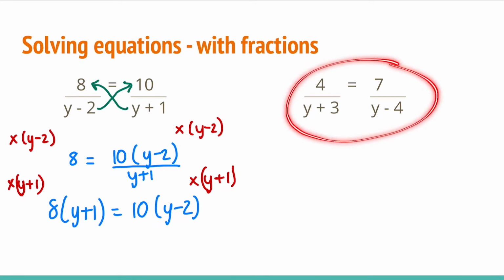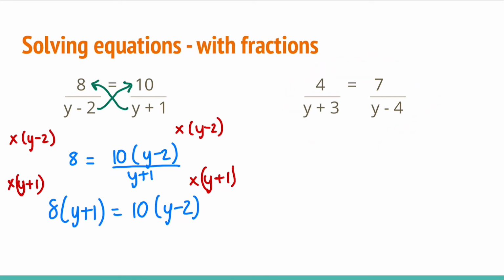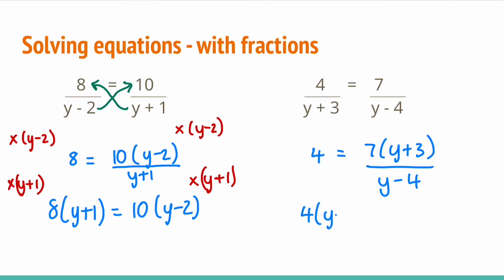So doing the same thing on this question, we would times first of all by the y plus 3. And then once we've done that, we can times by the y minus 4. And then we end up with our final equation, which we then need to solve in exactly the same way that we normally would.